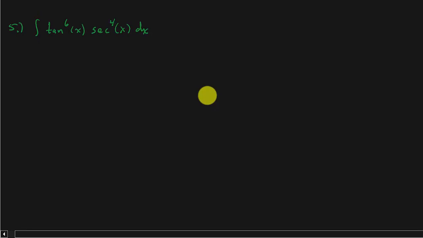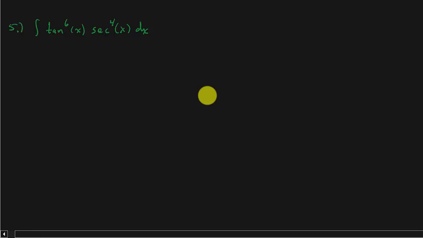All right, I've got tangent to the 6th, secant to the 4th. So what did it say in all that writing I did up there? If the power of secant is even, I'm going to save a factor of secant squared.